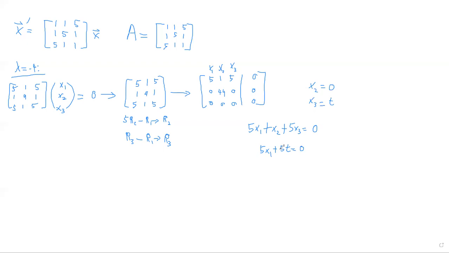Divide both sides by 5 and do some rearranging, and you get x1 is equal to -t. So x1 is -t. So based on this, the eigenvector is -1, 0, 1. t times -1, 0, 1.